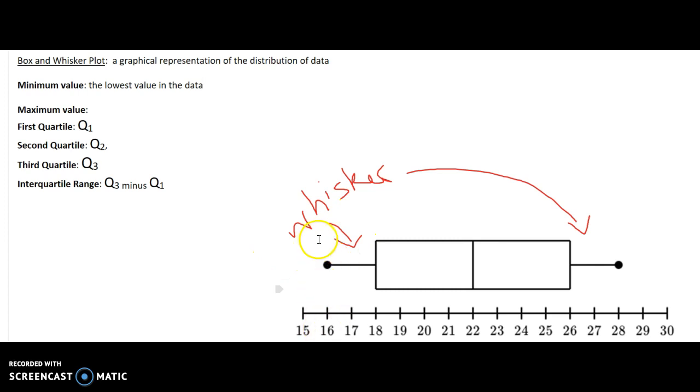So what would be the lowest value in this data? 16. So the lowest value in this box and whisker plot is 16. Okay. And just like there is the lowest value right here, we're going to have the maximum value. So this is what we're going to consider my maximum value.